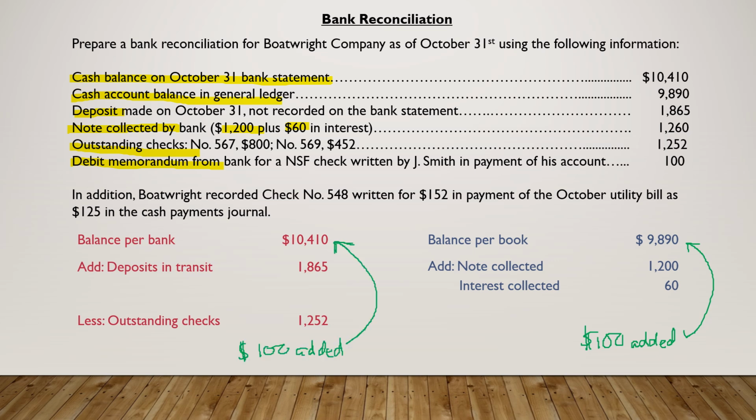When the check bounced, the bank then subtracted it back out. That's the debit memo. The end result is that $100 was added to the GL, but not to the bank account. So we need to subtract it from the book side.